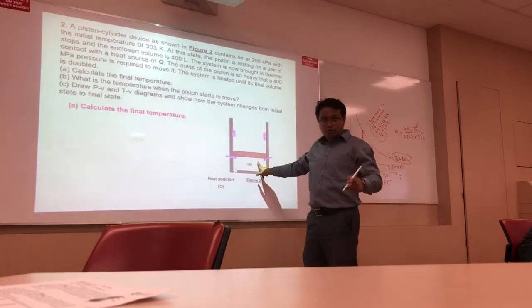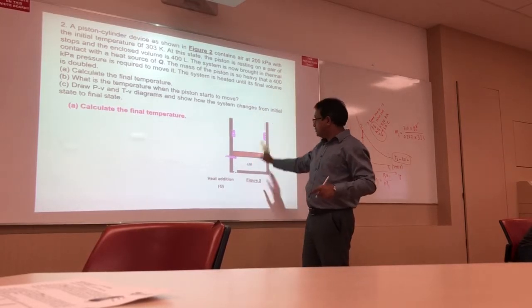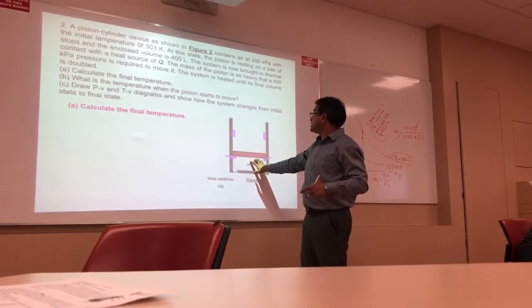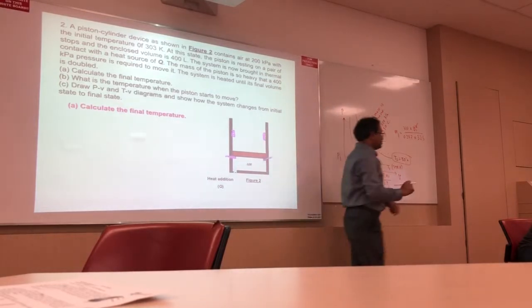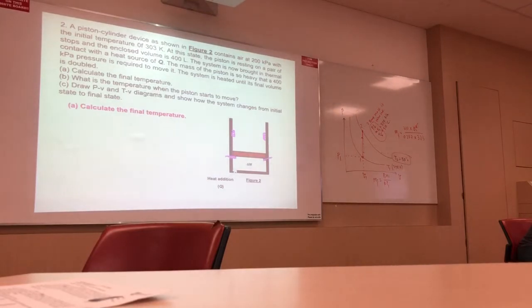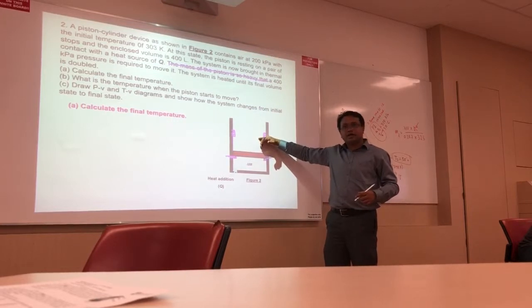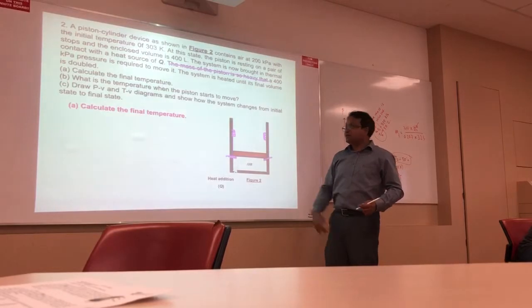Initial pressure is 200 kilopascal, temperature 303, volume is 0.4 meter cube. The system is now brought in thermal contact. I remove this line. In that case, this is not a heavy piston, right? Apply heat. The piston is moving from here to here. Correct. And volume becomes double. And further heating up, the final pressure is 400 kilopascal. Now you have to do the same thing.